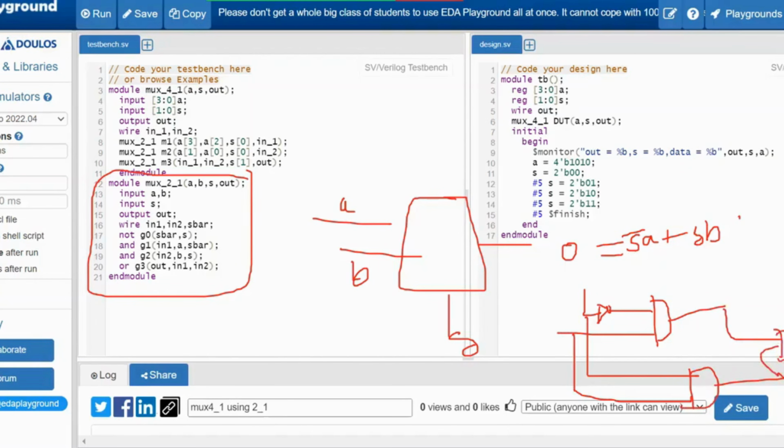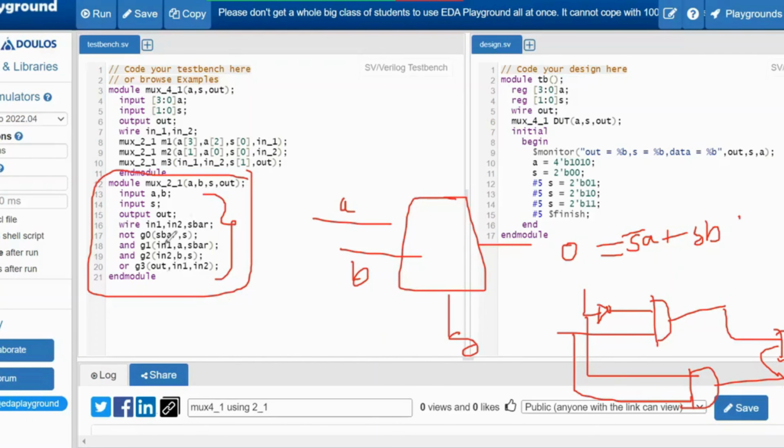This is nothing but the output, right? So by using this gate level modeling, you can write this program. Otherwise, there is a very simple model using the array model, which can be written in a single line. You can use any model.